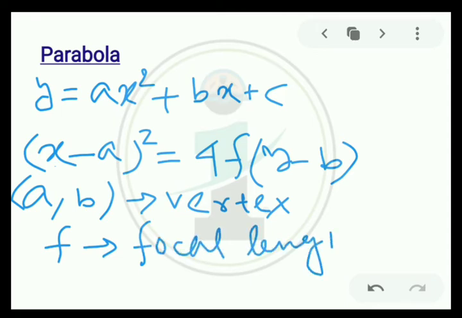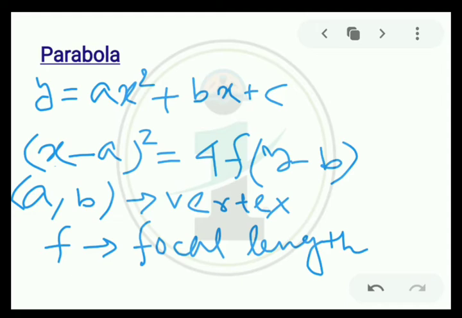F is the focal length of the parabola. So this is the equation where the parabola is along the x-axis. I'm sorry, this is the expression for a parabola which is along the y-axis, maybe positive or negative.